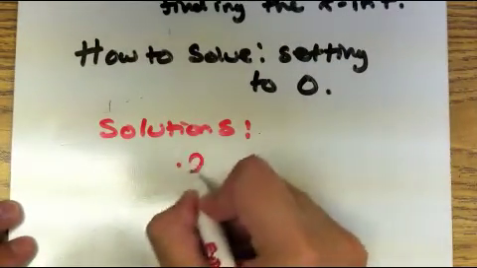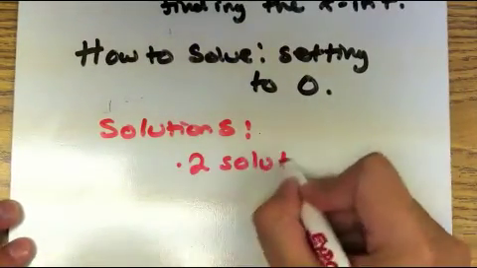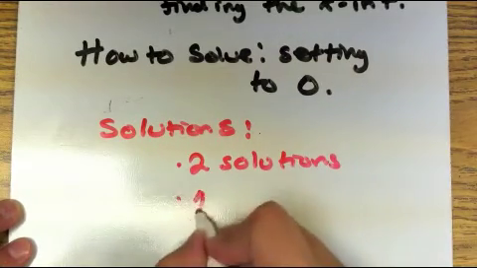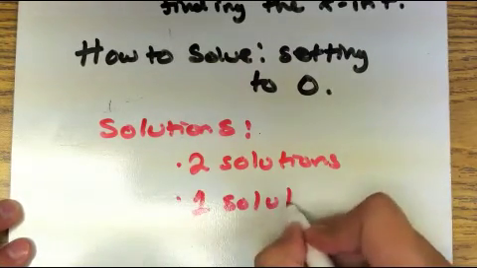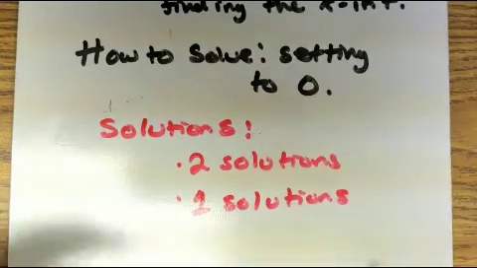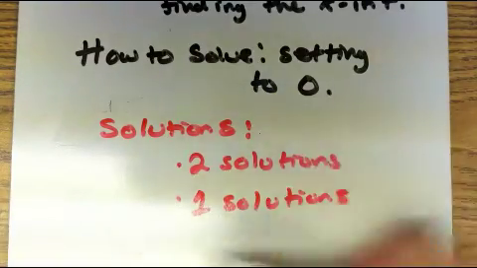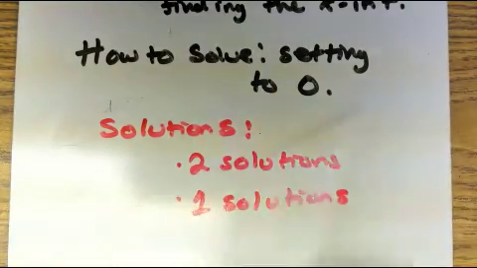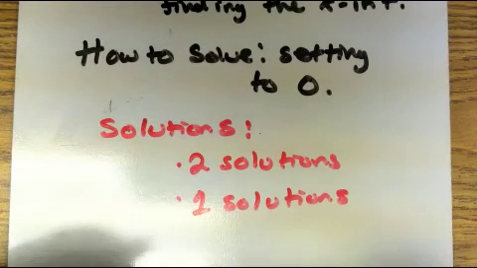We're going to run into two solutions, and we're going to run into one solution. Tomorrow, you're actually going to learn what this is all about, so I'm not going to really get into that. But this is what we're going to see when we are factoring.